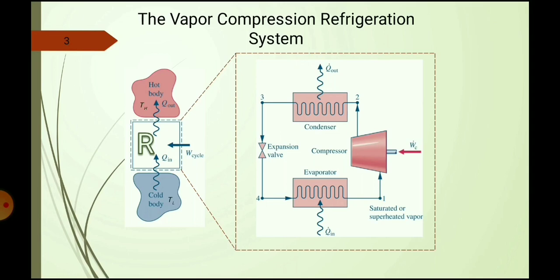Okay, I am repeating again. In the evaporator, the refrigerant absorbs the heat from the refrigerated space where we have to produce the cooling, and in the condenser the heat is rejected from the refrigerant to the surrounding. Clear?